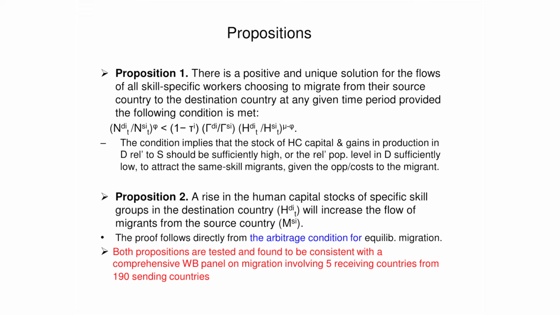That says only one thing: that probably the change in the flow that we are observing now, with these properties of migration, comes from a skill-biased technological shock.